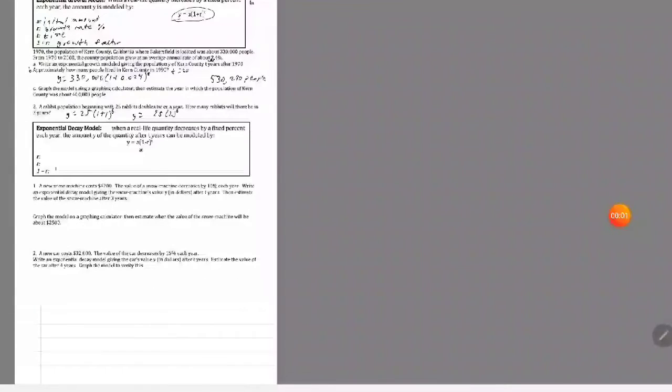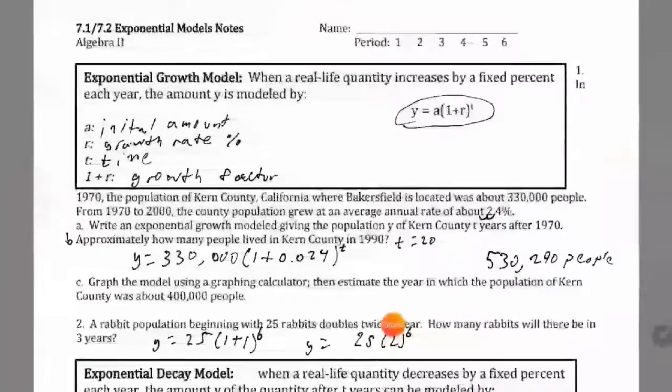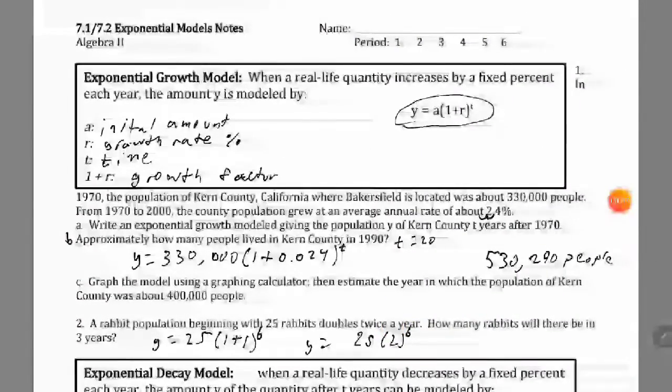Alright, so I was interrupted. Where were we? Doing bunny rabbits. Once again, the t-value this time is 6 because it doubles twice a year. So after 3 years, it doubles 6 times.